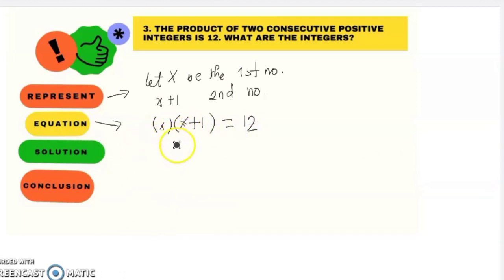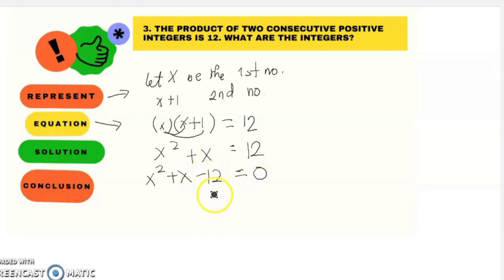So, we just distribute x. X times x is x squared. X times positive 1 is x equals 12. And then, we rewrite it in standard form. So, the standard form is x squared plus x minus 12 equals 0.